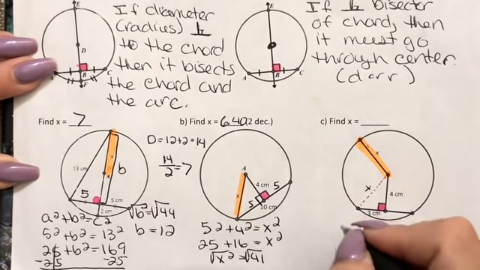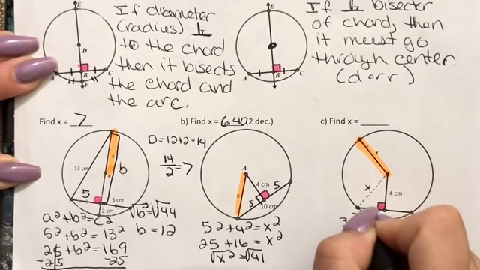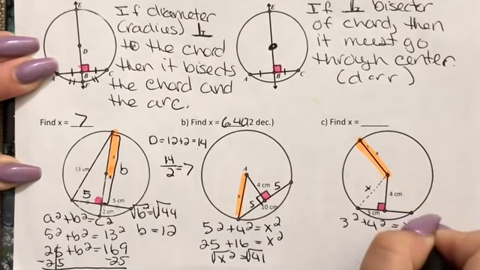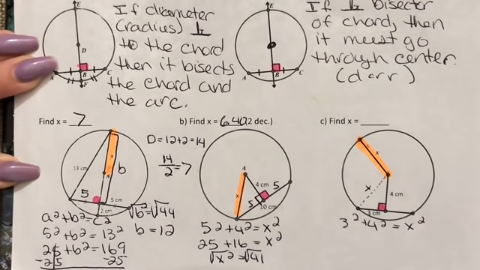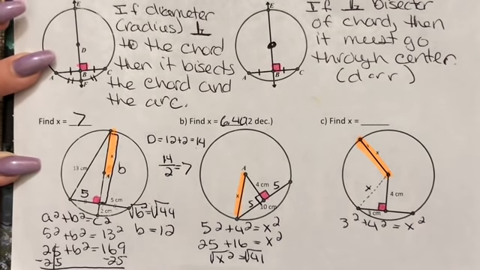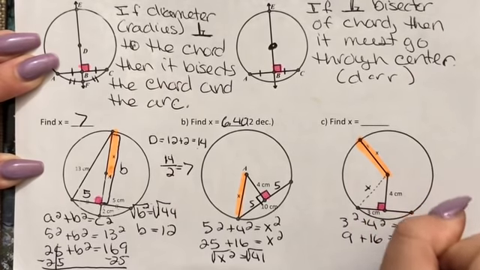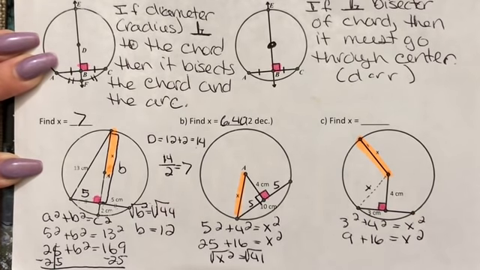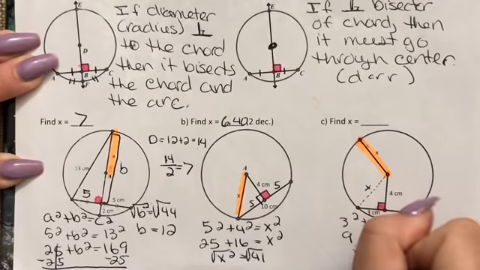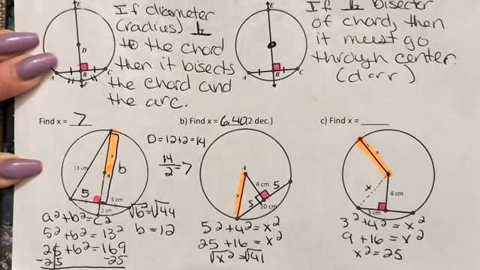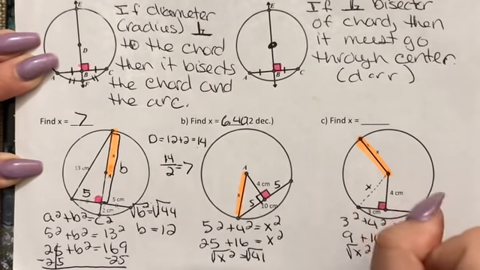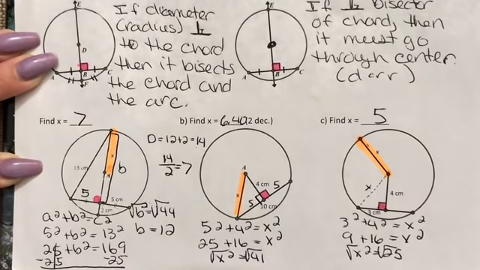A squared plus b squared equals c squared. I'm solving for the hypotenuse. That's why I have that piece missing. Add those together. X squared equals 25. And what's the last step to get x by itself? X is equal to 5.